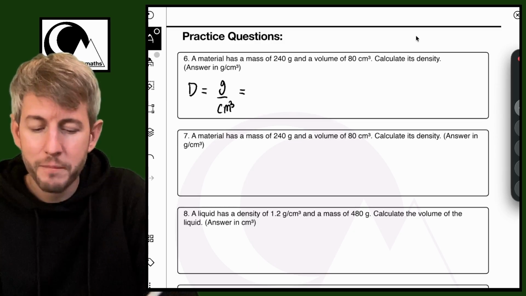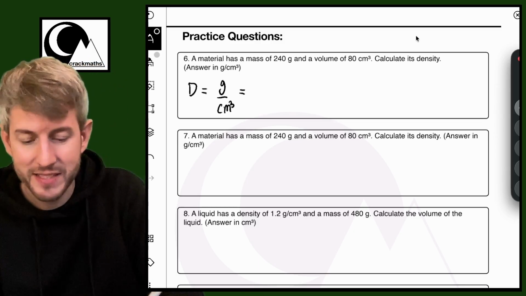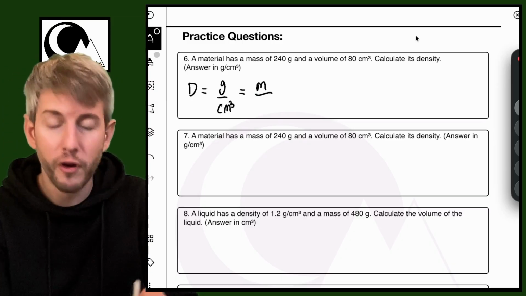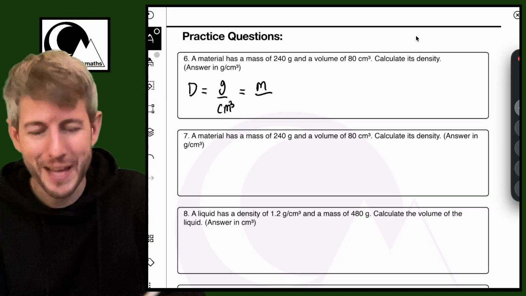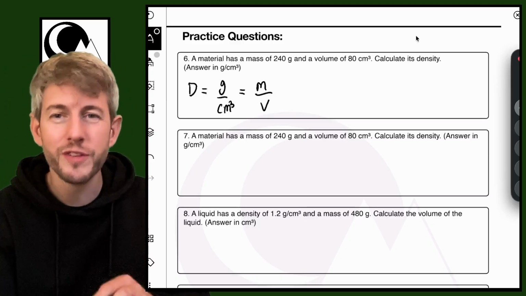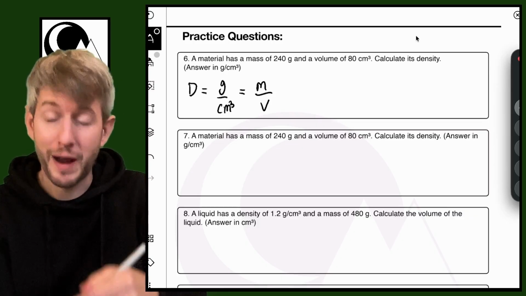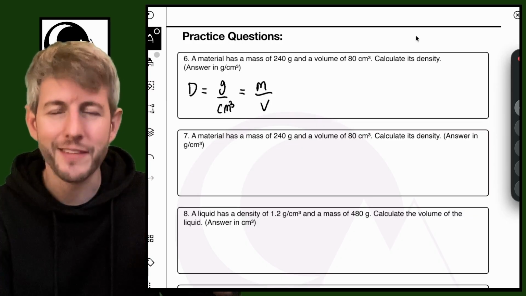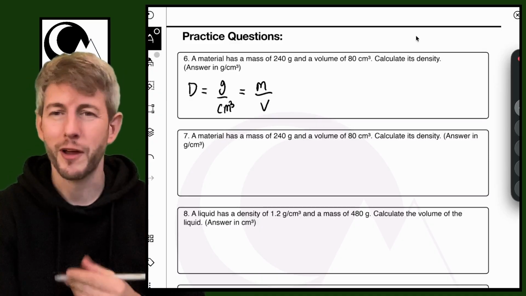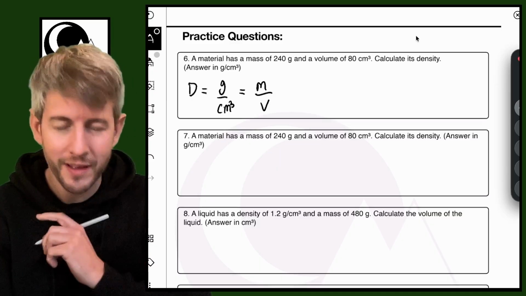And the mathematical name for grams in this case is the mass. So grams tells us the mass, and the centimetres cubed tells us the volume. These units are important. If you want to do a density calculation, you generally have to have grams and centimetres cubed. That is the standard units that they use, unless they specify something a bit different, maybe like kilograms per metre cubed, but that's a little bit rarer.